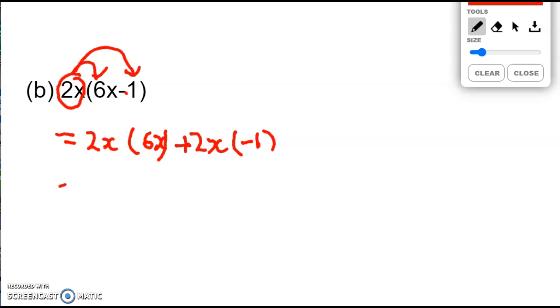All right, so 2x times 6x: 2 times 6 is 12, x times x is x squared. 2 times negative 1 is negative 2, and then we're multiplying x. So the final answer is 12x squared minus 2x.